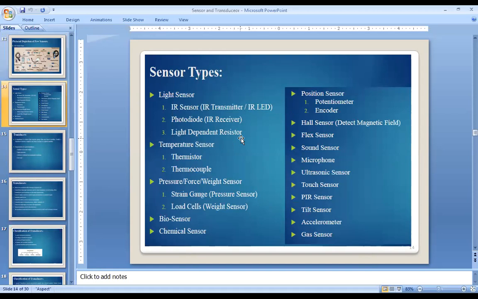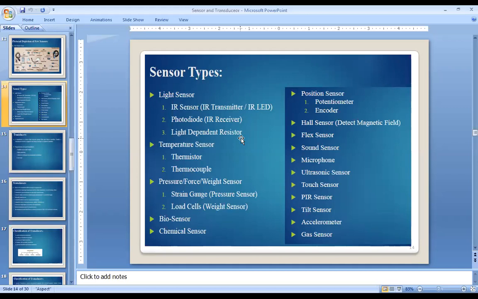Then temperature sensors measure temperature, that means thermistor and thermocouple. Then pressure, force or weight sensors, so different types like strain gauge and load cells, and biosensor, chemical sensor. Position sensors are used for the measurement of position, like a potentiometer and encoder.